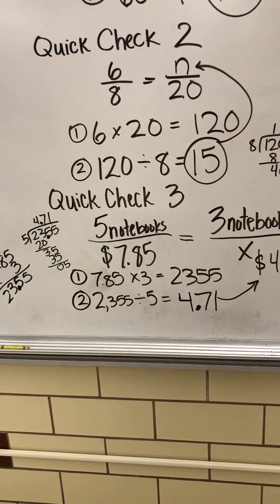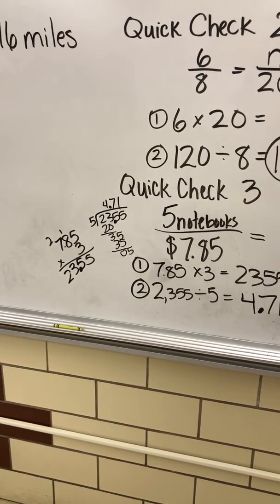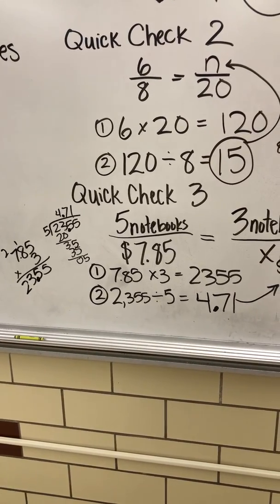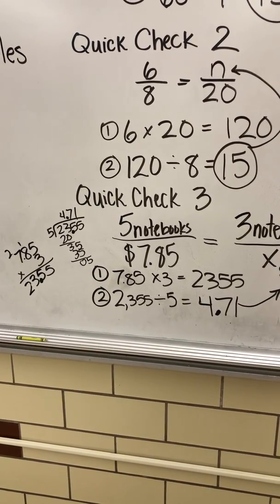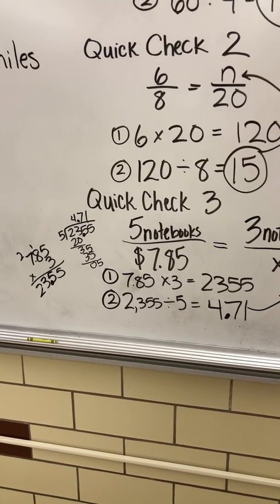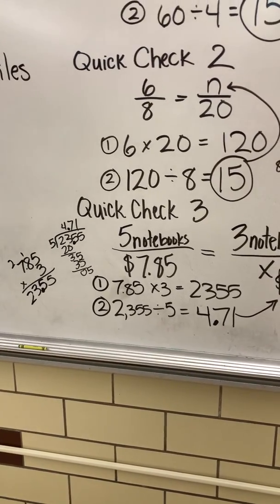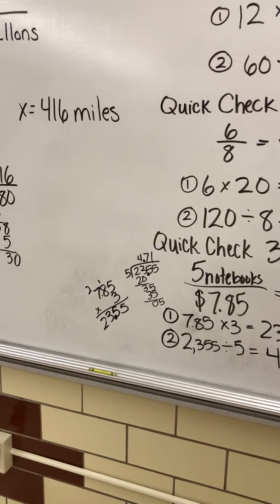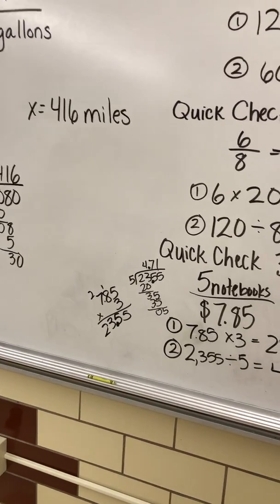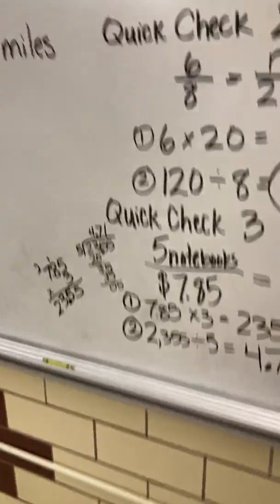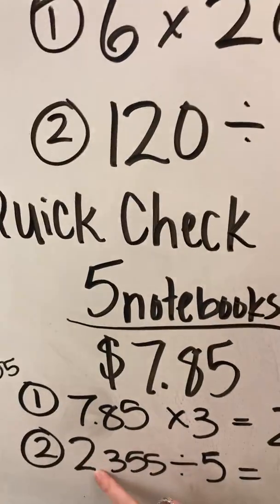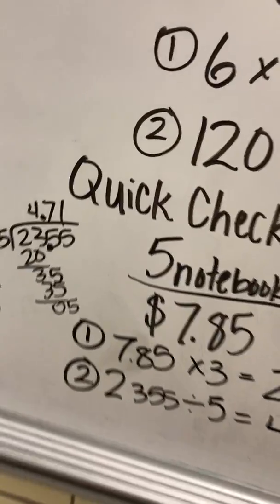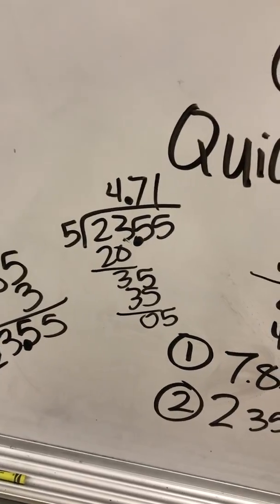It's $7.85 times 3, and I got 23.55, because remember when you multiply decimals, you put the decimal in the spot based on how many places were in the problem. You had 0.85, so I have to move it over 2 to the left. So it's $23.55. That shouldn't be a comma, it should be a decimal point. Then I divide it by 5, and you can see my math.